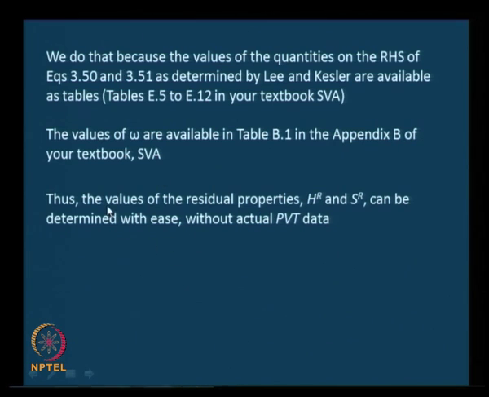Therefore, the values of the residual properties HR and SR can be determined even without the need for the actual PVT data for each pure substance separately. So, that is the power of writing something in terms of residual properties and using the generalized correlations that result from the generalized properties or residual properties.